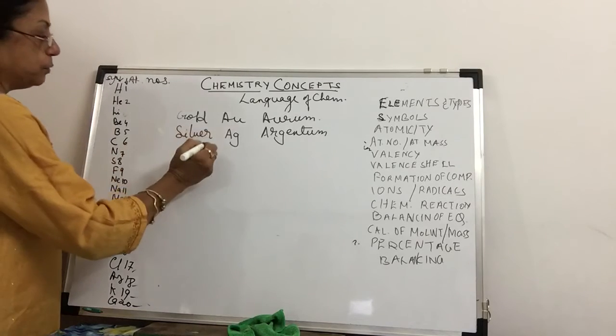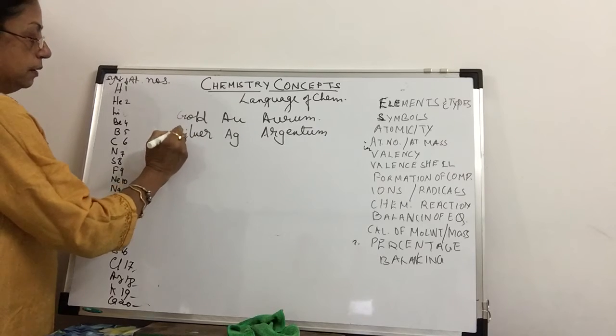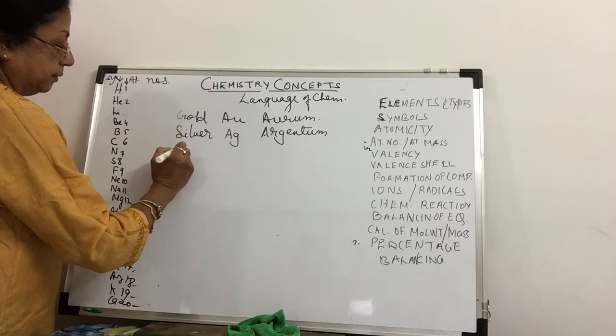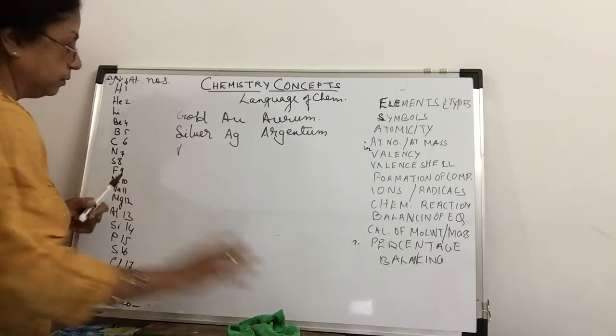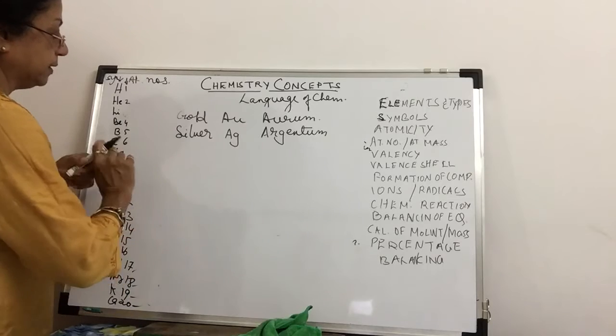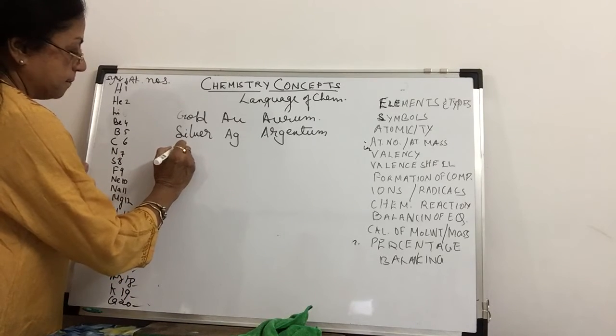Then comes the next one. Suppose gold, silver, mercury.